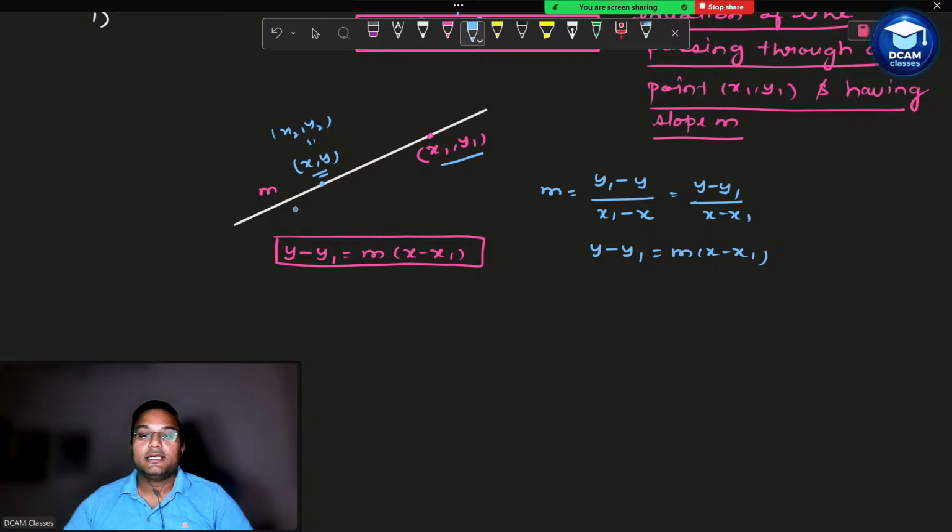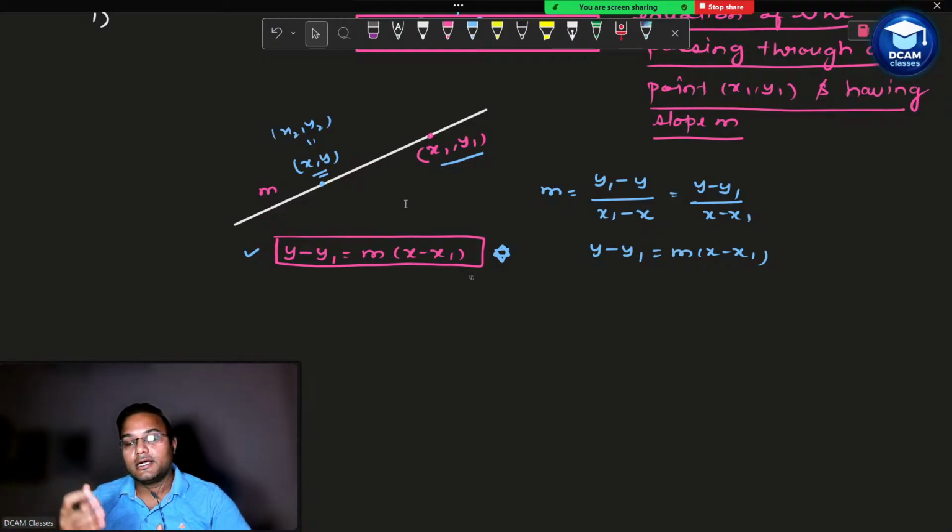The thing is, whenever you will be studying in your schools now, they will just give you this formula. They will not explain to you how we get this. But I am explaining so that you get an idea how we get the equation of line. Because later you will be trying to learn what a locus is.